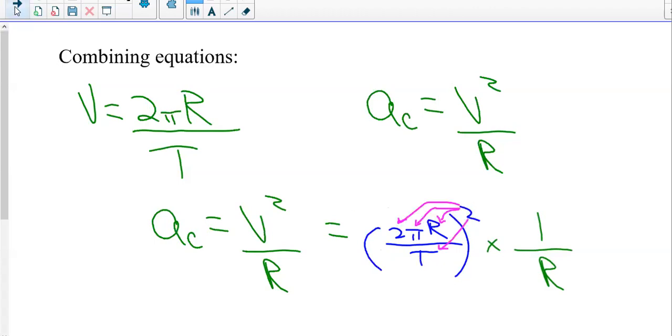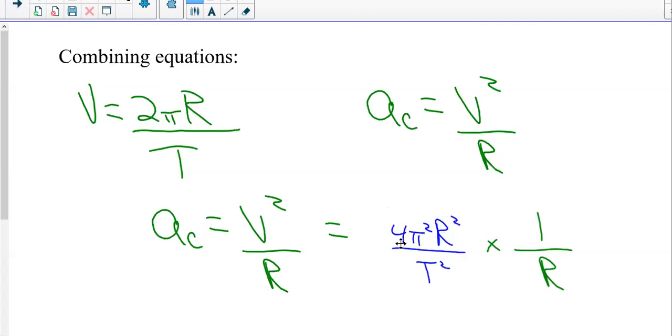So if you factor in that square to each of those terms, you end up with 4 pi squared, which gives you almost 40, about 39-ish, multiplied by your radius squared divided by your period squared. So I've got a radius squared in my numerator, I've got a radius in my denominator.